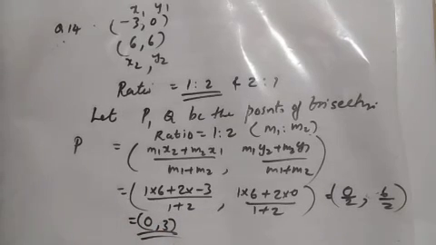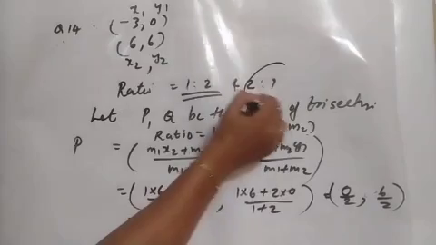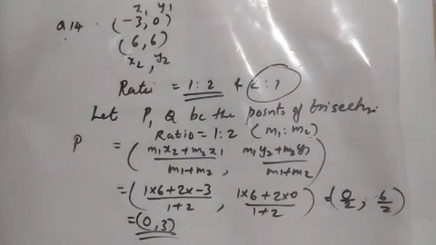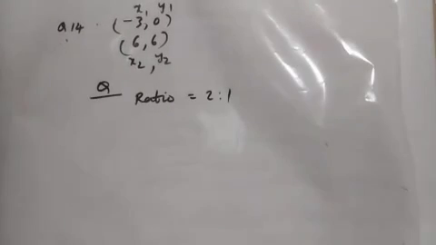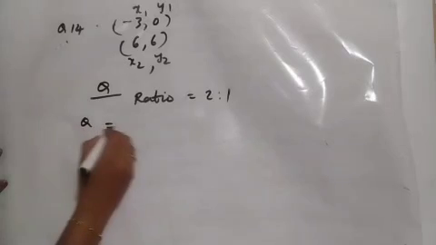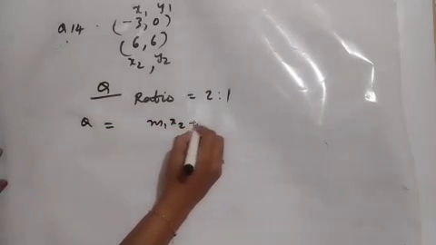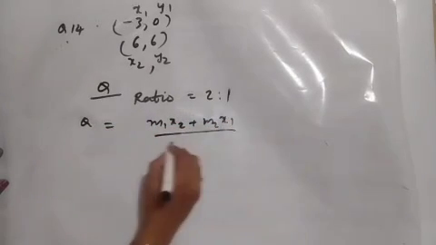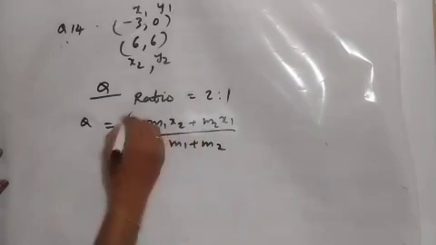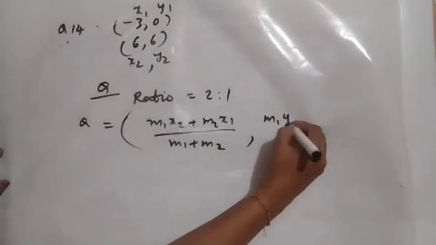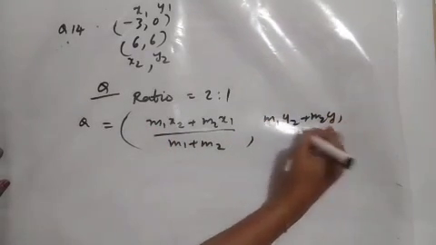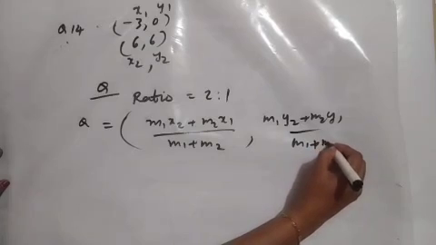Now to find Q, we have to take the ratio as 2:1. Let us solve that also. Q is equal to m1 x2 plus m2 x1 by m1 plus m2, and also m1 y2 plus m2 y1 by m1 plus m2.